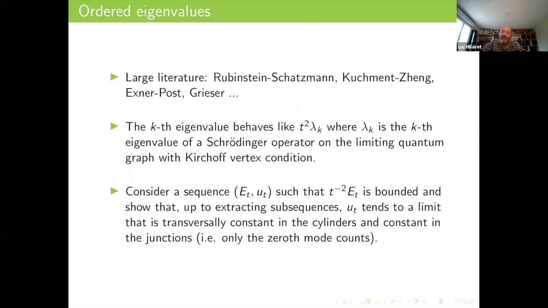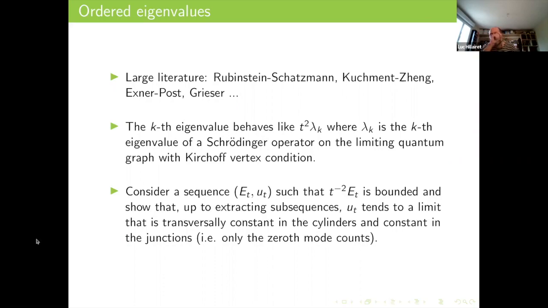Then you look at each piece. In the cylinders, you perform an exact Fourier decomposition, and because you're going to zero because of this t squared, you have to concentrate only on the zeroth mode, which are the functions that do not depend on y.